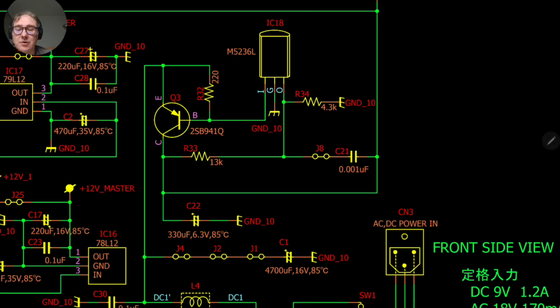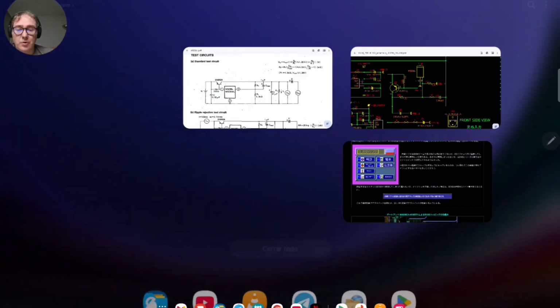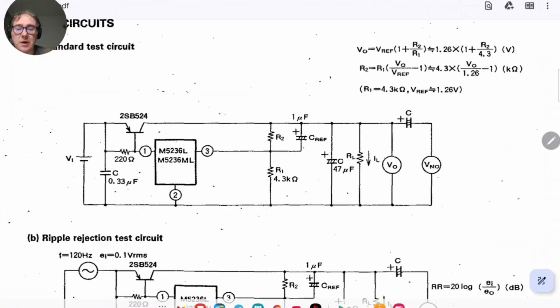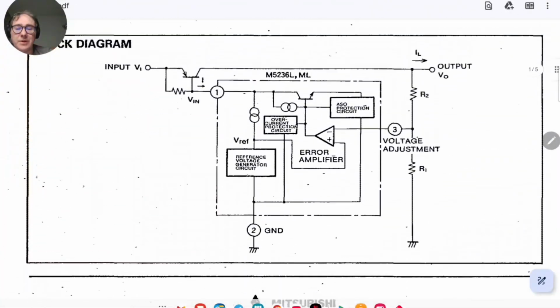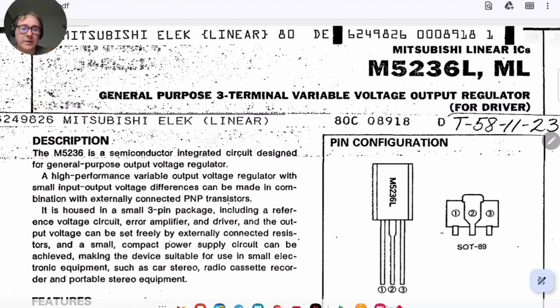Well, it's their choice. It seems that they wanted to remove the power section of the regulator to separate it into a different transistor, a separate transistor, which is this Q3. To understand how it works, we have the data sheet of the regulator that you can find easily and download.